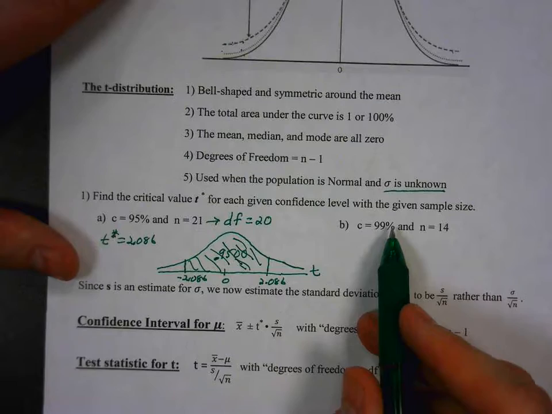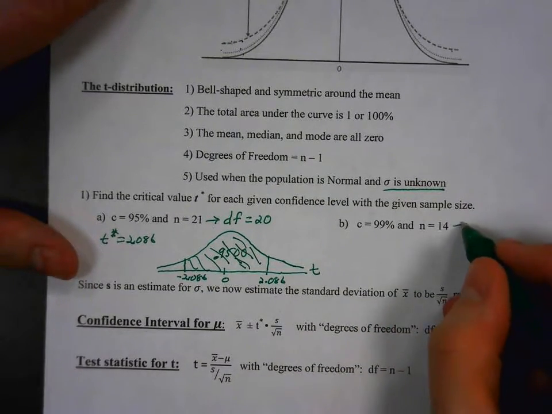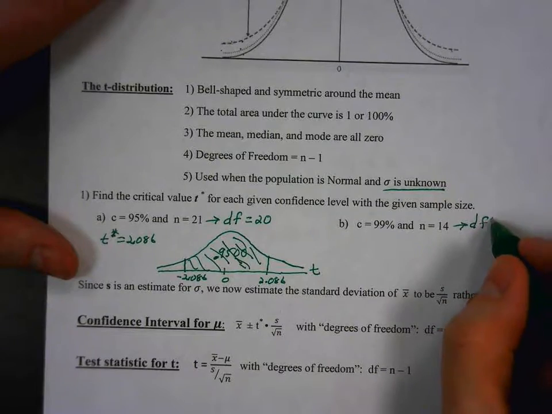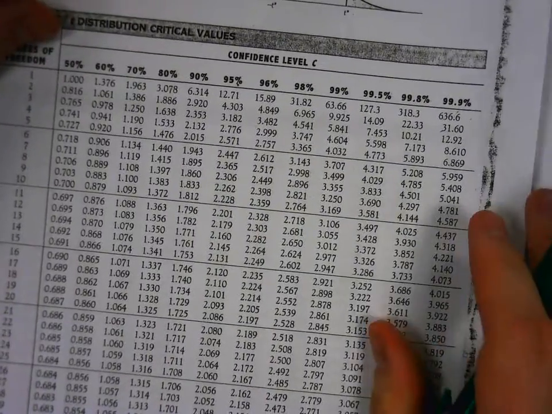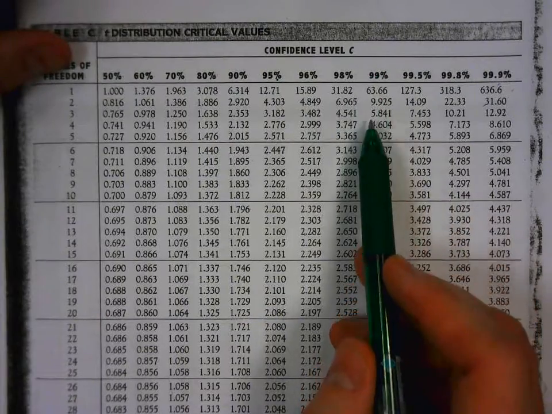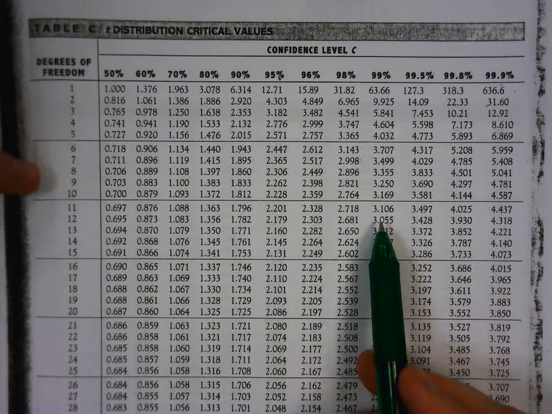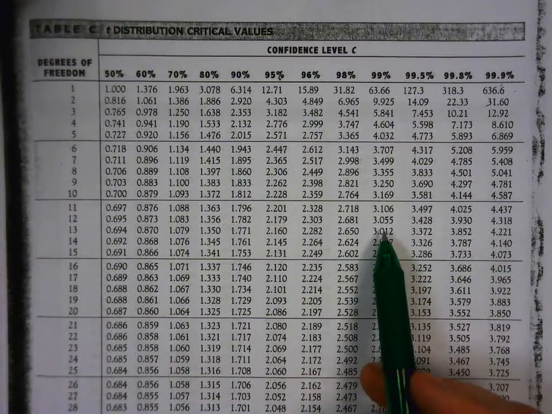Okay, for a 99% confidence interval with a sample size of 14, so 13 degrees of freedom, when you look up the 99% confidence level with 13 degrees of freedom, we get 3.012.